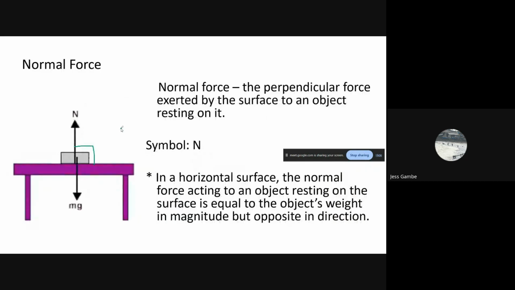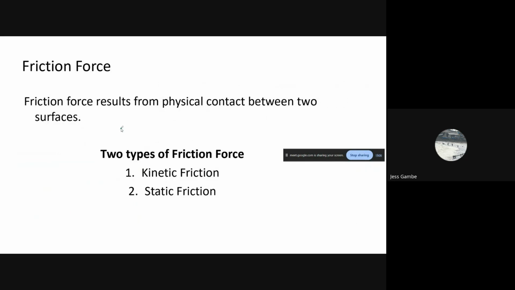Friction force. Friction force results from physical contact between two surfaces. The first type is kinetic friction, and the second type is static friction. From the word itself, kinetic means it is in motion, while static is stagnant.